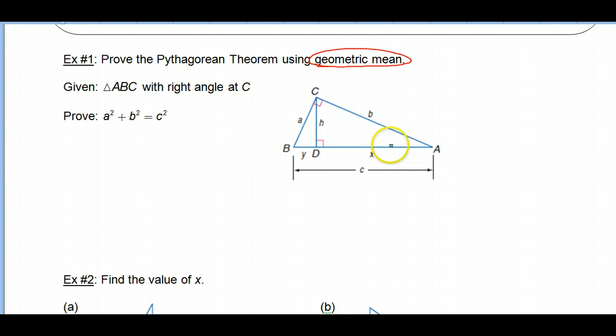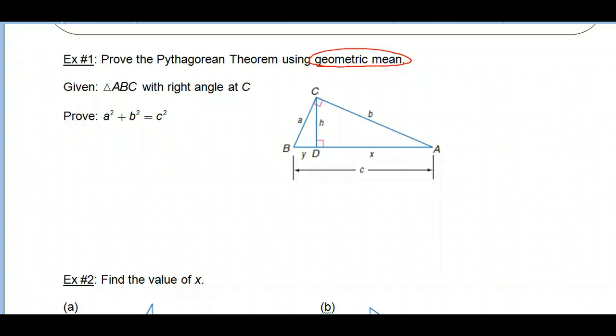X and Y are representing segments of the hypotenuse. A and B are the legs, and C is the entire hypotenuse. Are we following so far? We want to prove that a squared plus b squared equals c squared always works.